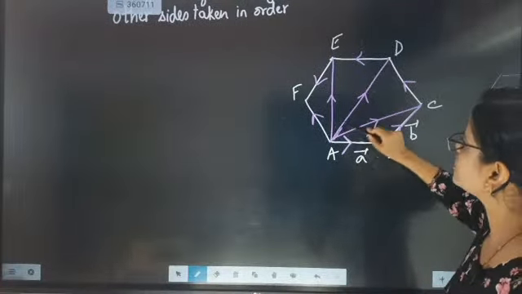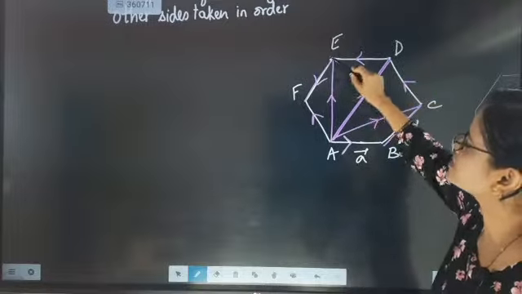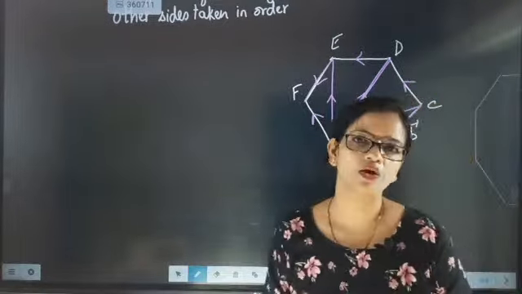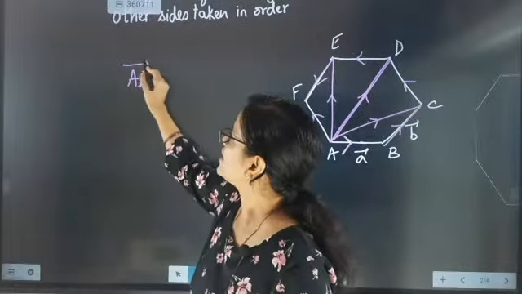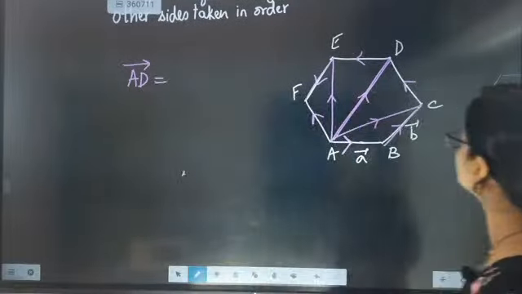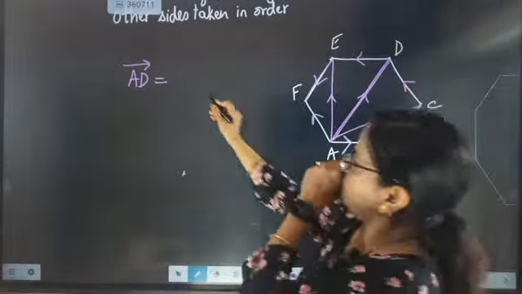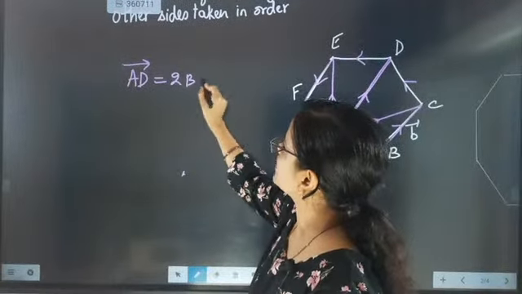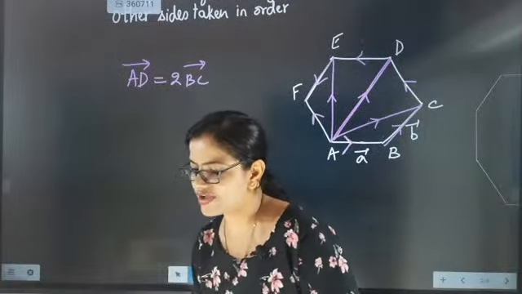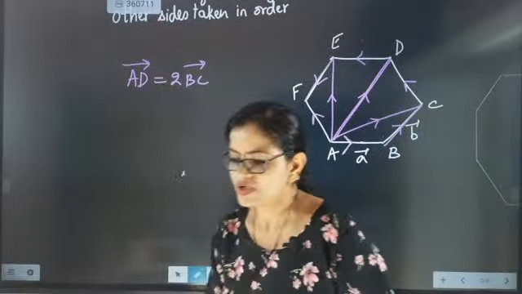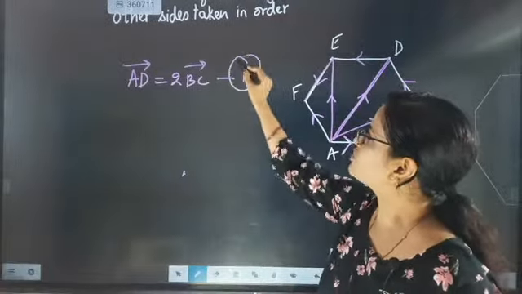The diagonal that is parallel to a side will be exactly double of it. So remember this point: vector AD will be equal to twice vector BC. This is by theorem. So first, vector AD I got: AD vector equals twice BC vector.